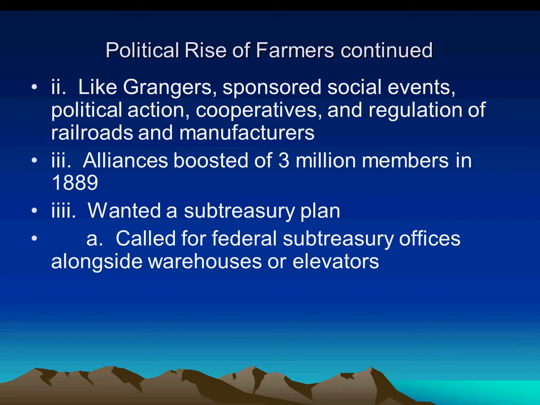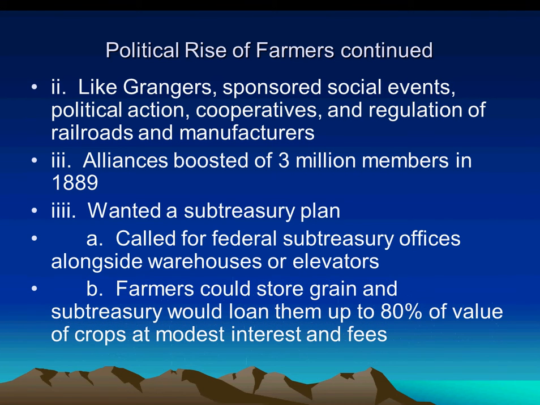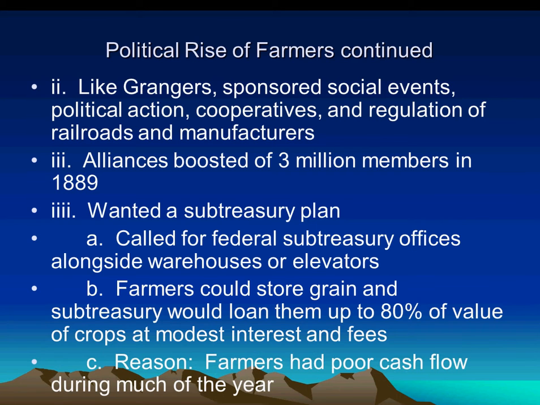They wanted a sub-treasury plan which would give them the opportunity to store their crops in silos and borrow against it from the government. They were hoping that the sub-treasury would allow them to borrow up to 80% of the value of the crops with a modest interest and fees for doing so.